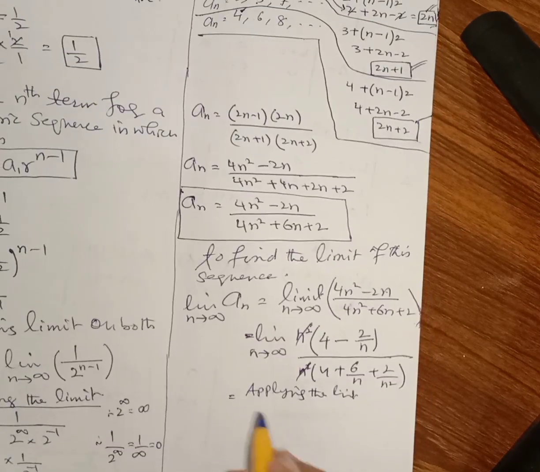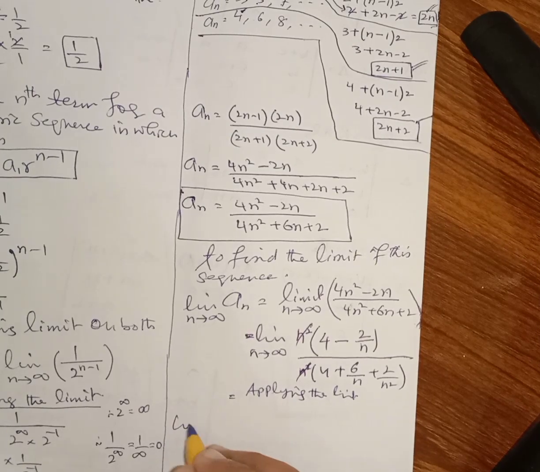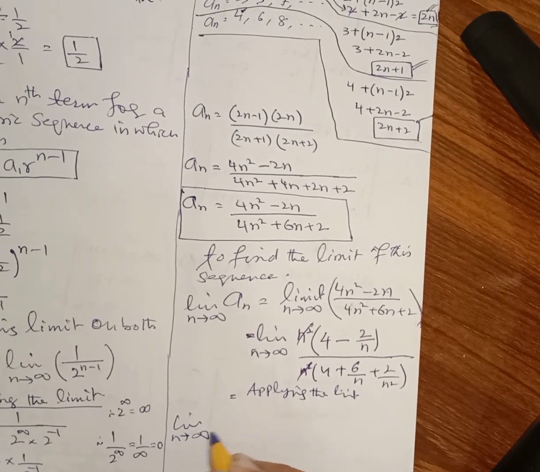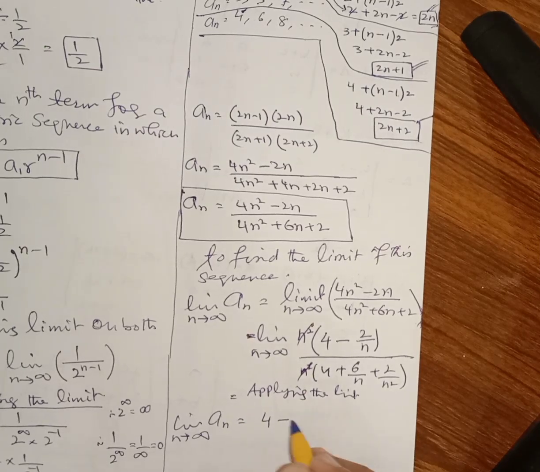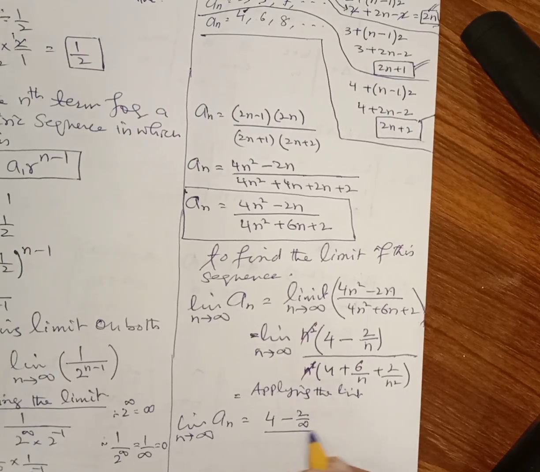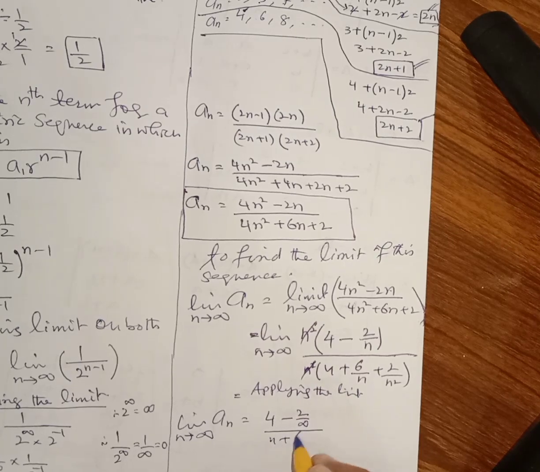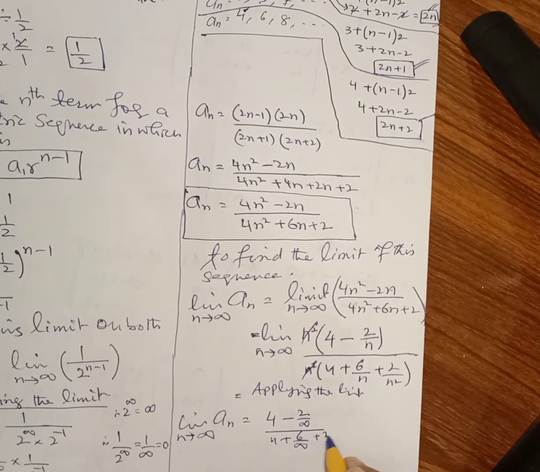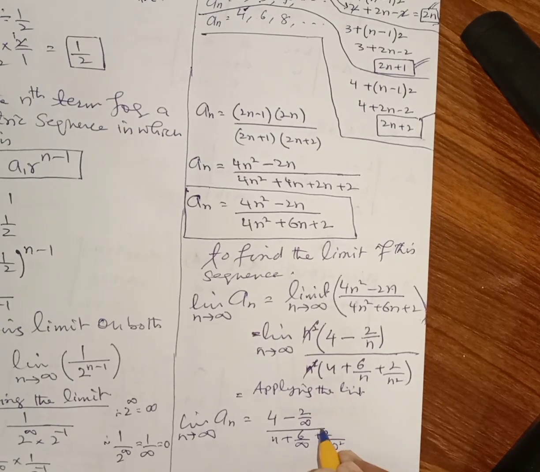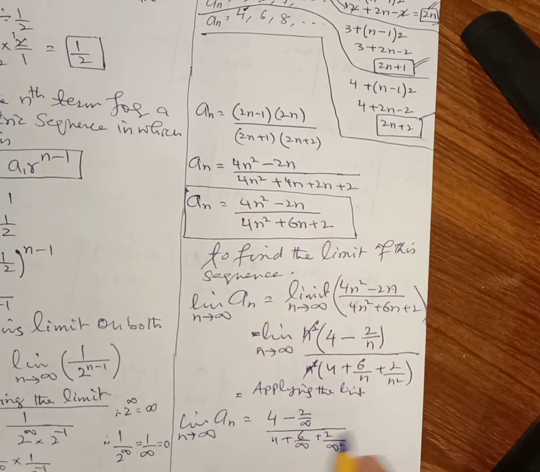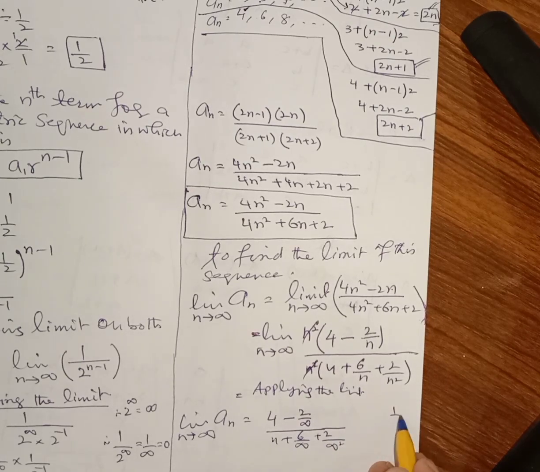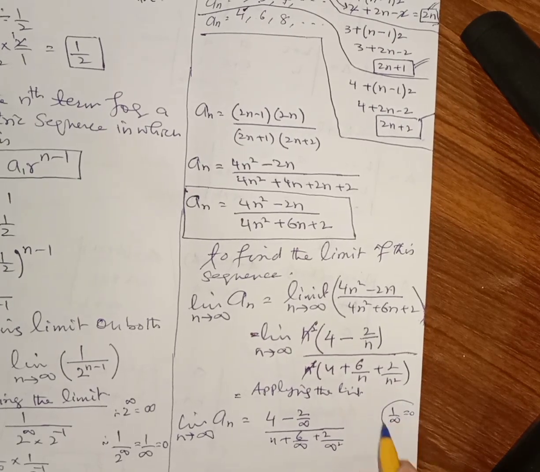Okay, so what we have, limit n tends to infinity of an, this will be equal to 4 minus 2 over infinity divided by 4 plus 6 over infinity plus 2 over infinity square, which is again infinity. And you know that anything upon infinity is 0, like 1 over infinity is equal to 0.